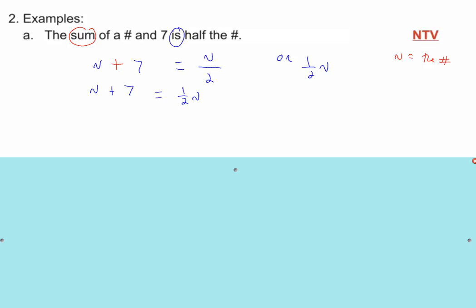I want to move the 1/2 n from the right side to the left side. Chloe? Okay, so I'm going to add a negative 1/2 n to both sides, right? I like to put it with the variable. I'm going to add a negative 1/2 n to the left, and I'm going to add a negative 1/2 n to the right.